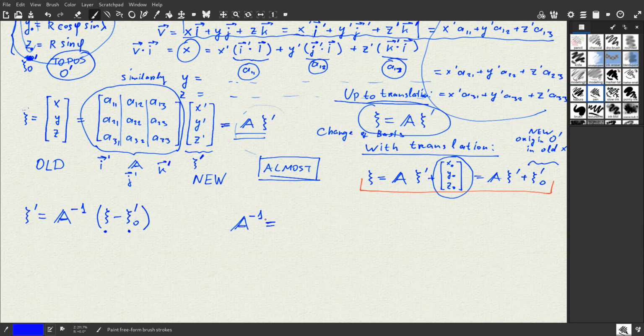So, what is the inverse of our matrix A? First of all, let us recall the definition of a matrix inverse. If we have a matrix A, then we can also define, as we did, you remember, a unit matrix, also called the identity matrix.